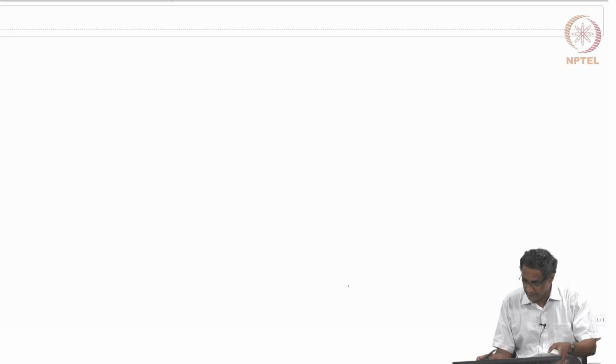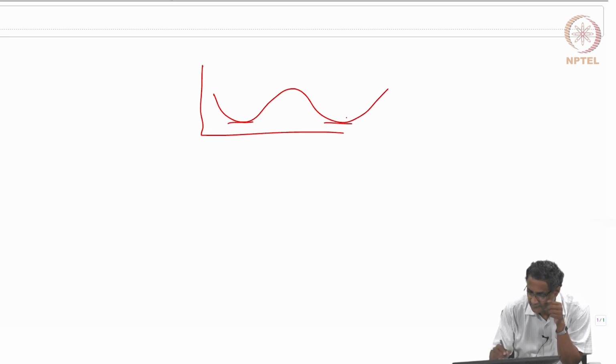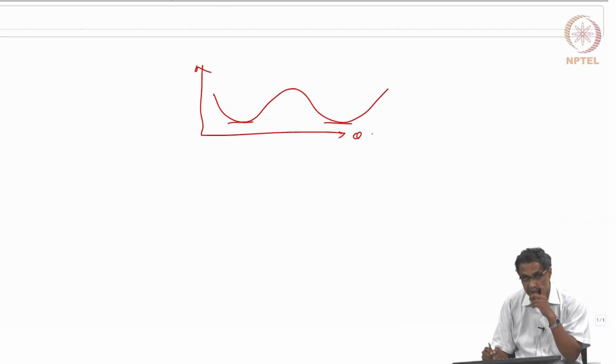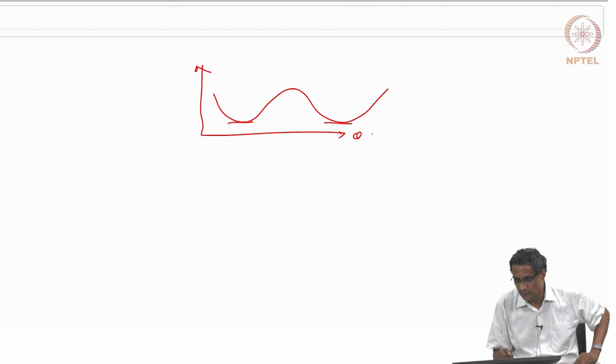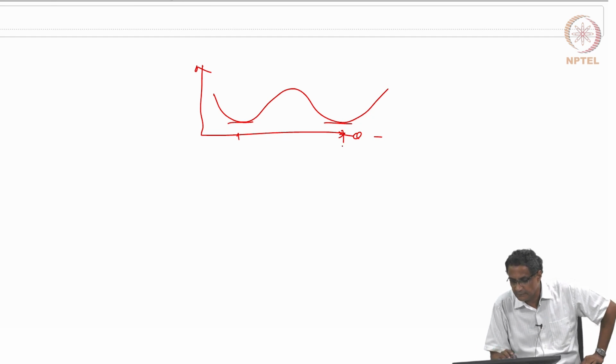That's why yesterday what I showed you was something like this: the cost that you're looking at along the y-axis versus the unknowns which you're trying to estimate, theta, the weights and the biases. You can have multiple places where you hit the same local minima.